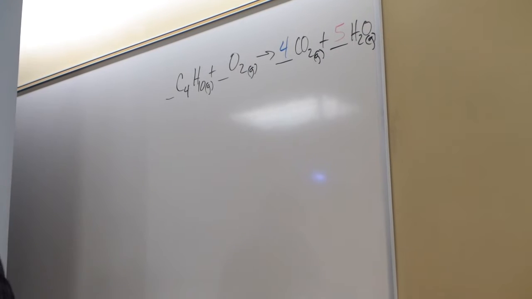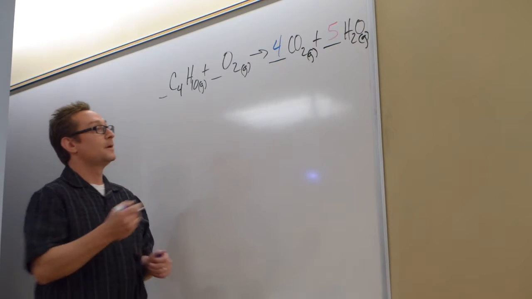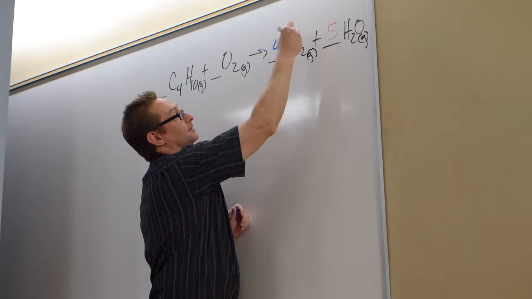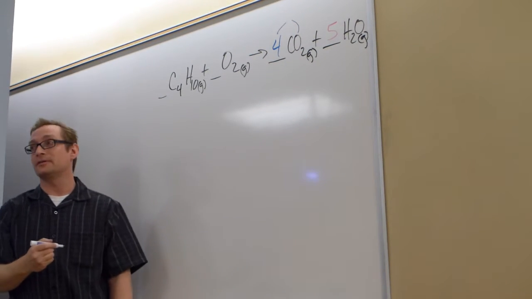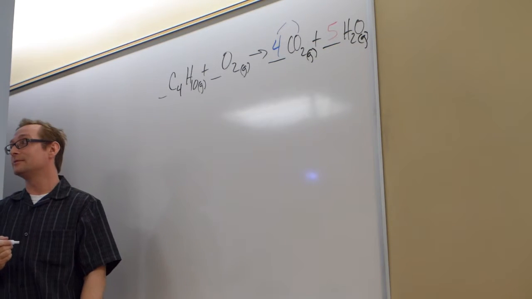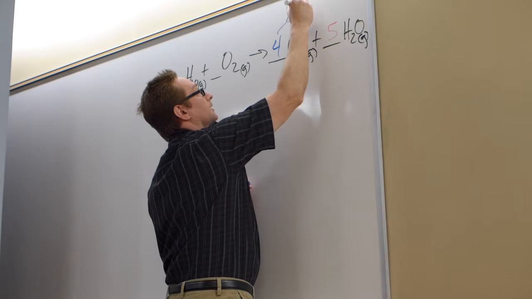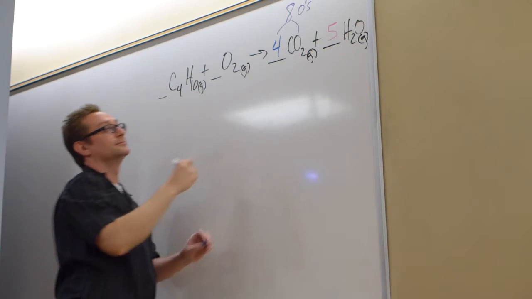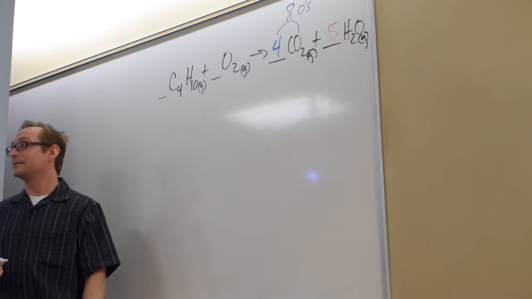So we've got to count our oxygens on both sides to see what we have. So from the CO2 with the 4 in front of it now, how many oxygens do we have there? 8. We have 8. And then for the water, how many O's do we have from that? 5.